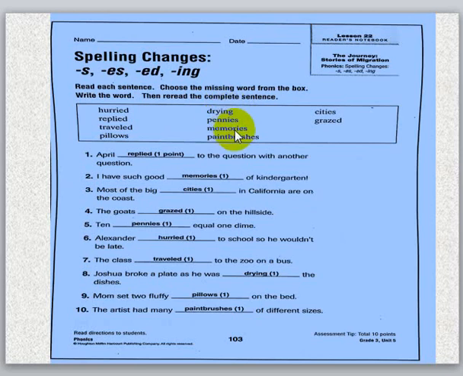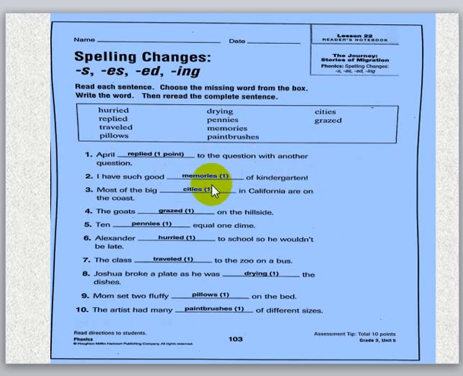And memories also, the plural of memory, ending in Y, and we changed Y into I because before the Y there is R, and R is a consonant. We changed Y into I and we put ES here. Like number 2, I have such good memories of kindergarten.